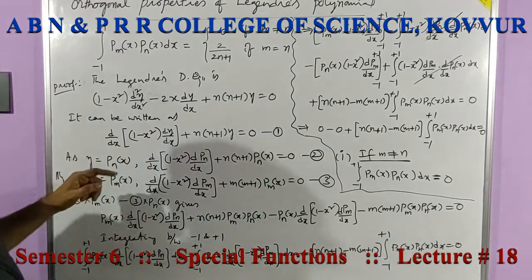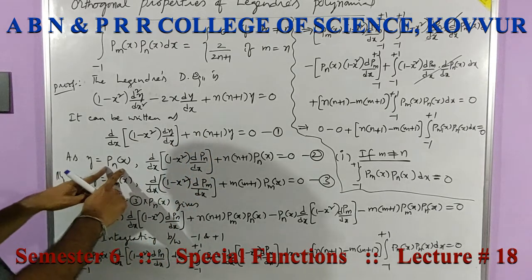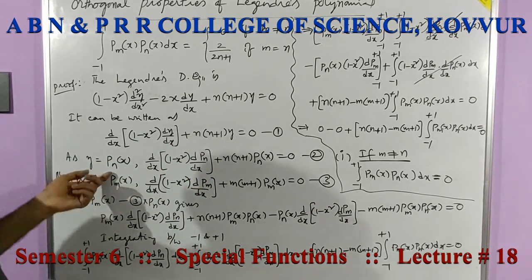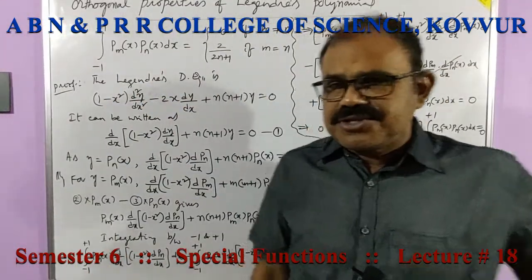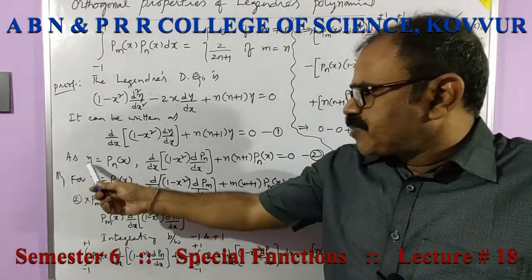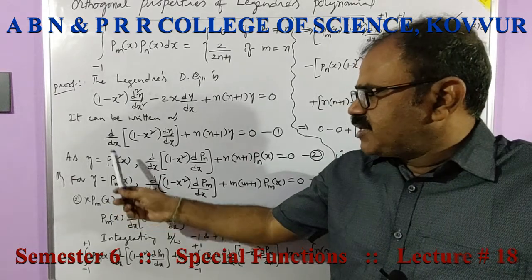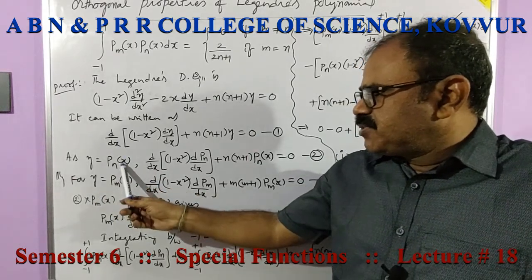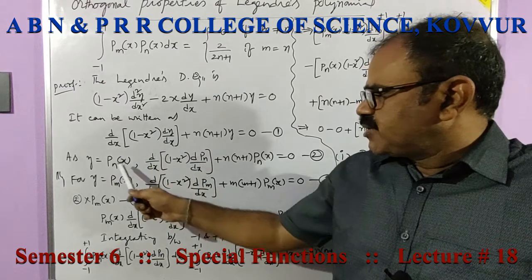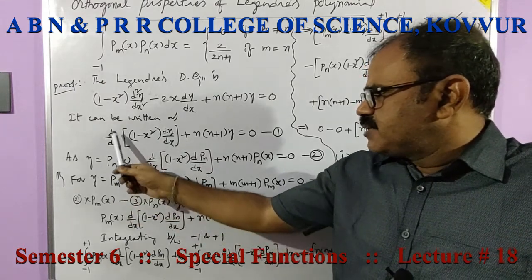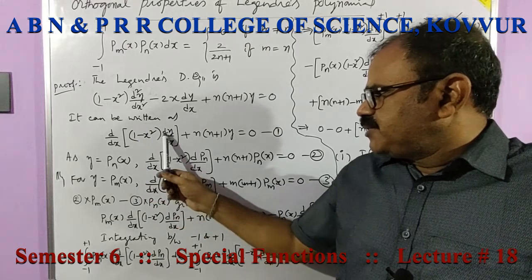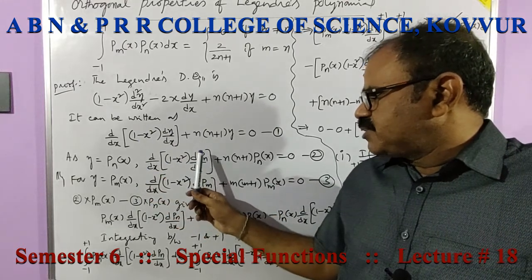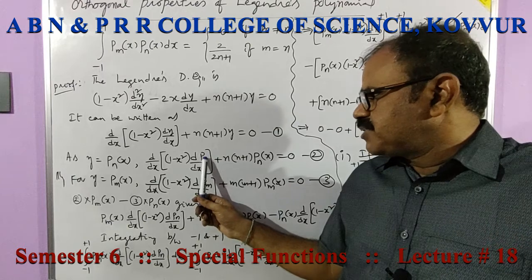In equation 1, replace y with Pn(x). Why? Because Pn(x) is a solution of Legendre's differential equation. Therefore, y can be replaced with Pn(x). In equation 1, if you write y is equal to Pn(x), d/dx of (1 minus x square) dPn/dx plus n(n plus 1) Pn(x) is equal to 0. Pn(x) in simple form I wrote as Pn.